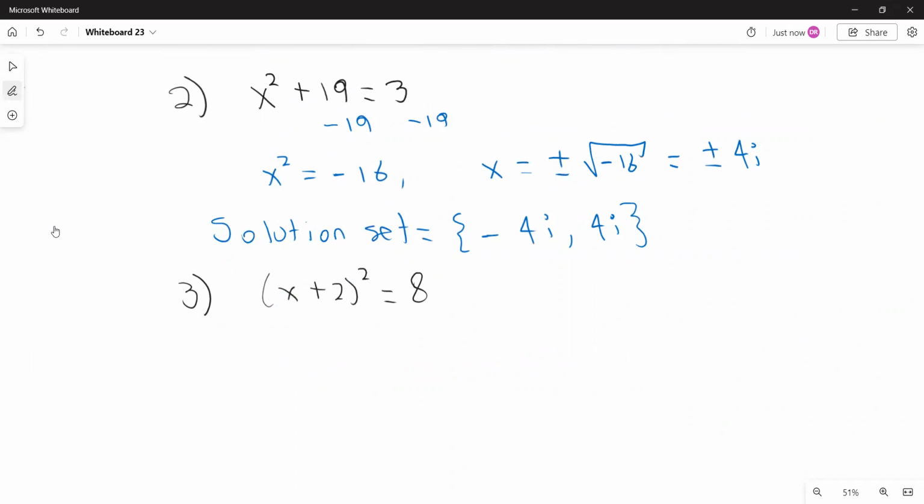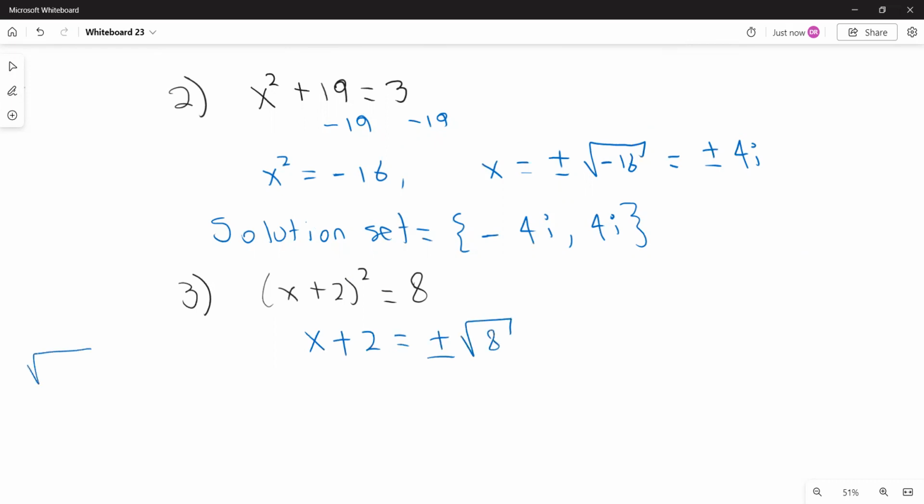Okay, so we have that the expression on the left side is the square of something. So we can use the square root property. If x plus 2 squared equals 8, x plus 2 is plus minus square root of 8.